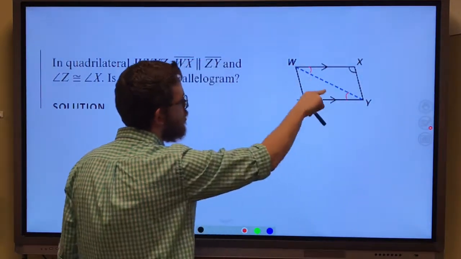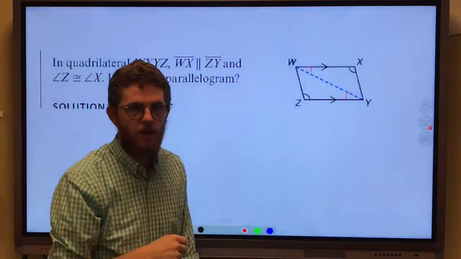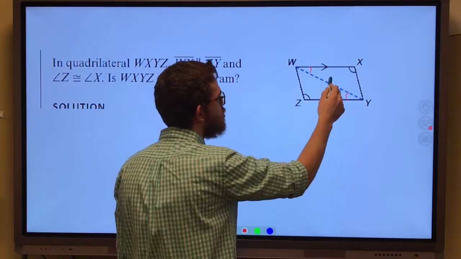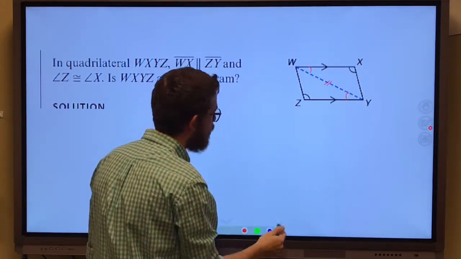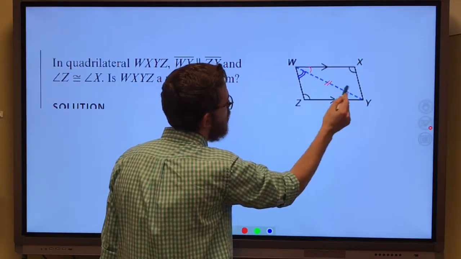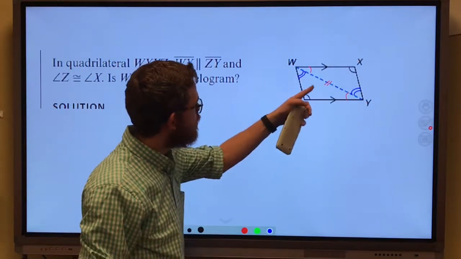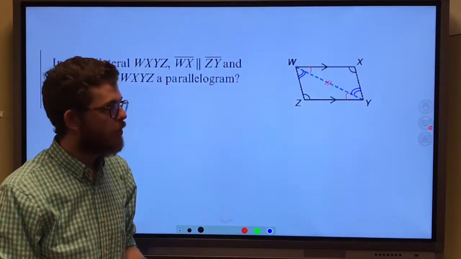we realize that those angles must be congruent because they're alternate interior angles, and then we realize because they share the side, these must be two congruent triangles, and therefore, by corresponding parts of congruent triangles being congruent, that angle must also be congruent between the two.